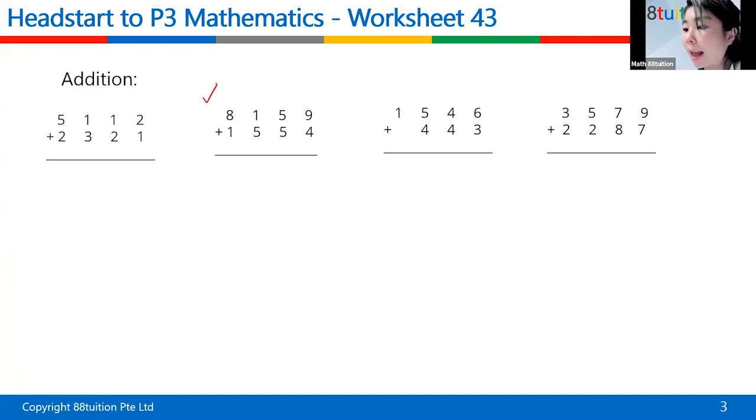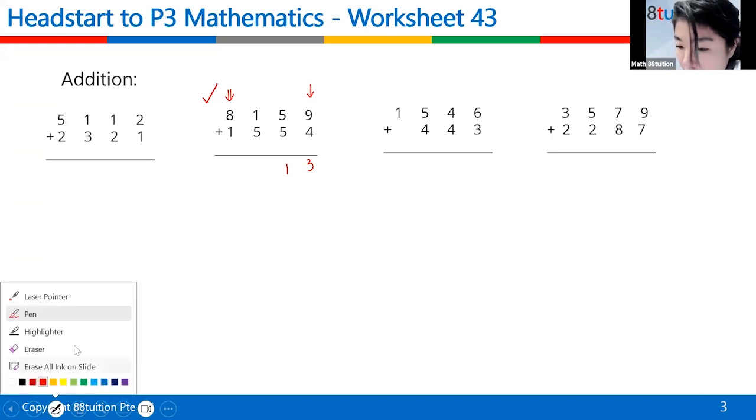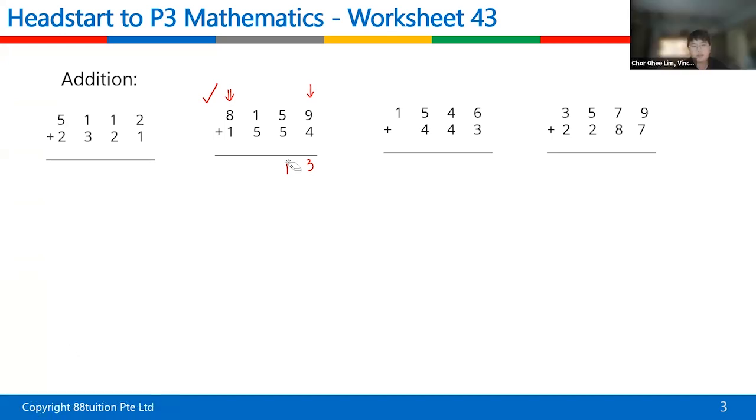For addition, do I start from the right-hand side or the left-hand side? Start on the right-hand side. Great. Can you add the ones column for me? 9 plus 4, what do I get? 13. Do I write it like that? No. What should I do? Bring the 1 to the 5.